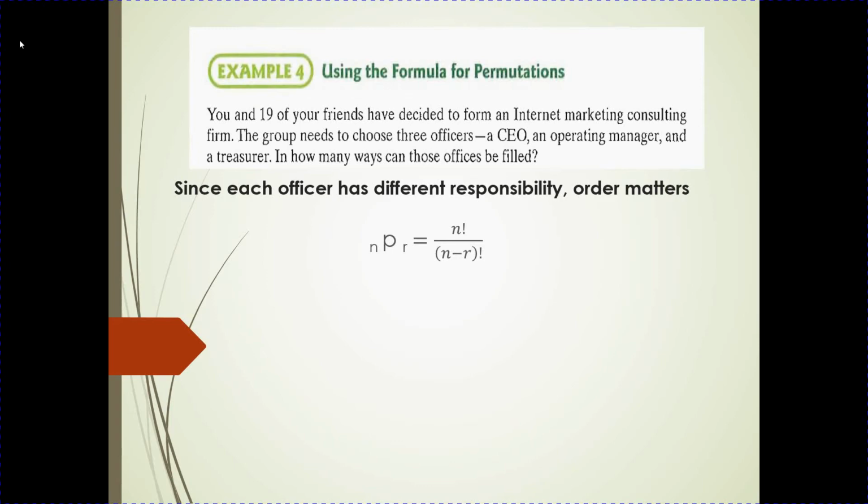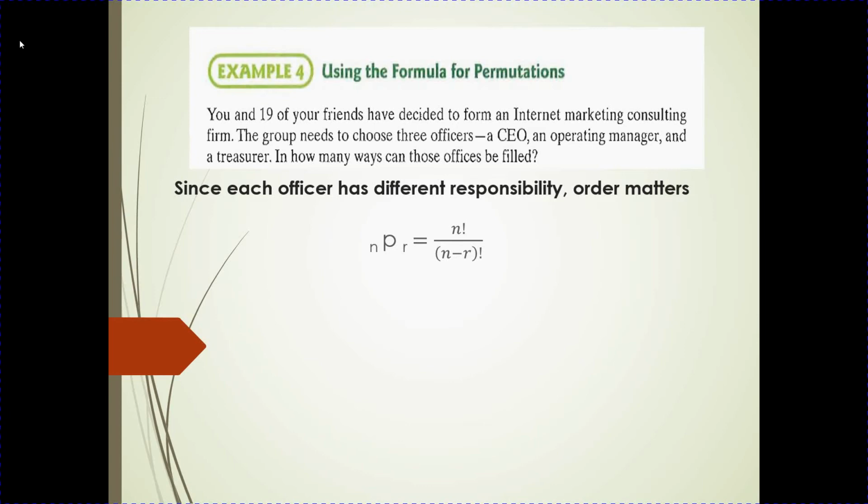The group needs to choose 3 officers: a CEO, operating manager, and a treasurer. So you are going to arrange 3 people out of 20. In how many ways can those offices be filled? Here, the responsibilities of the officers are different, therefore order matters. Therefore, we are going to use a permutation.